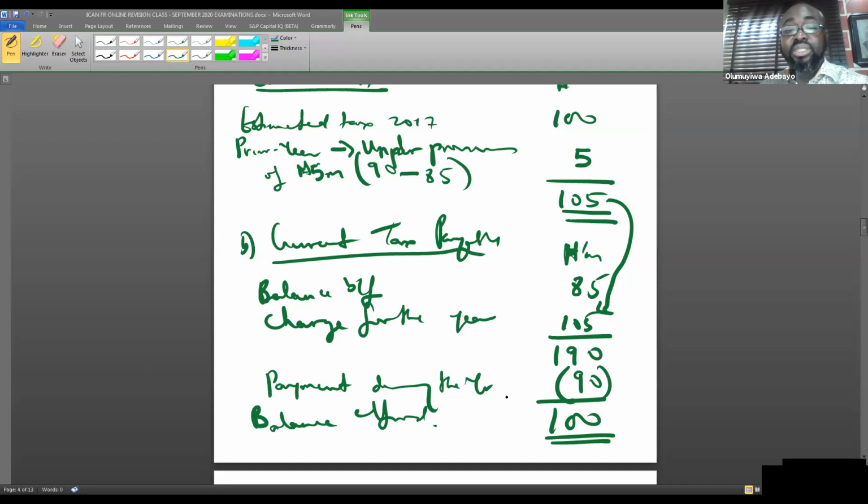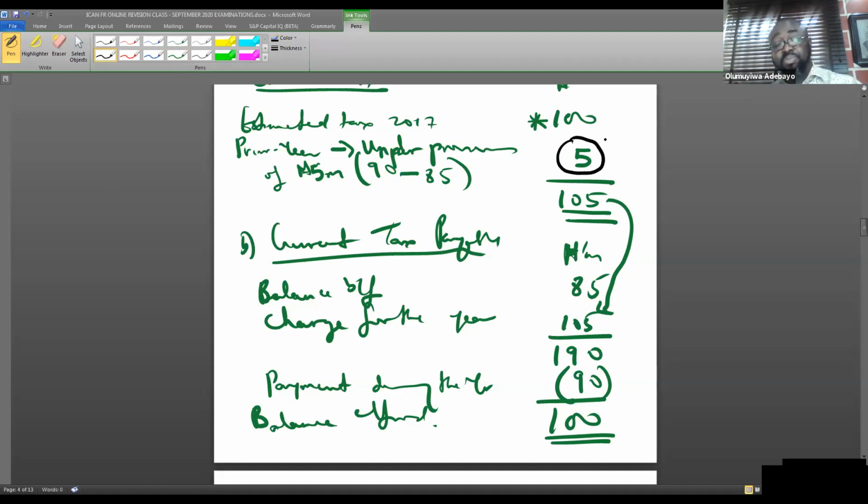And this 100 will relate to the assessment of 2017 only. Why? Because FRS will not allow you to carry that 5 forward to next year. Why? Because that 5 does not relate to this year. That 5 primarily relates to last year, which means this 5 will be paid immediately.